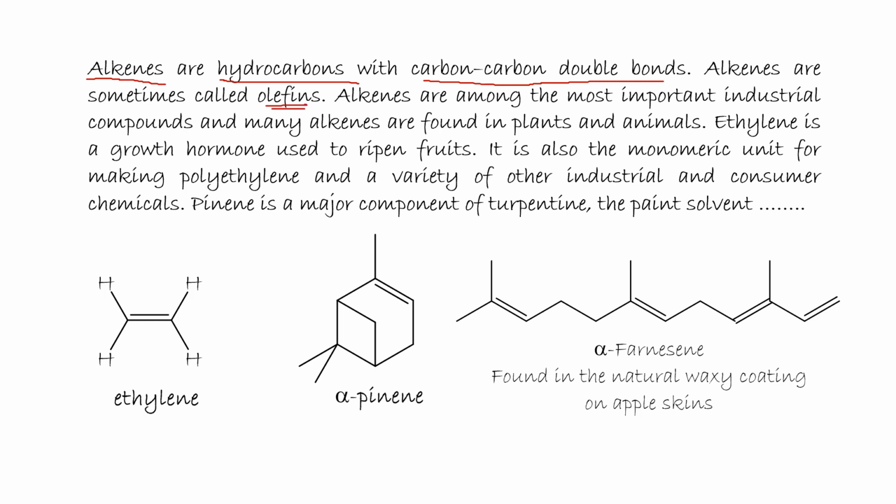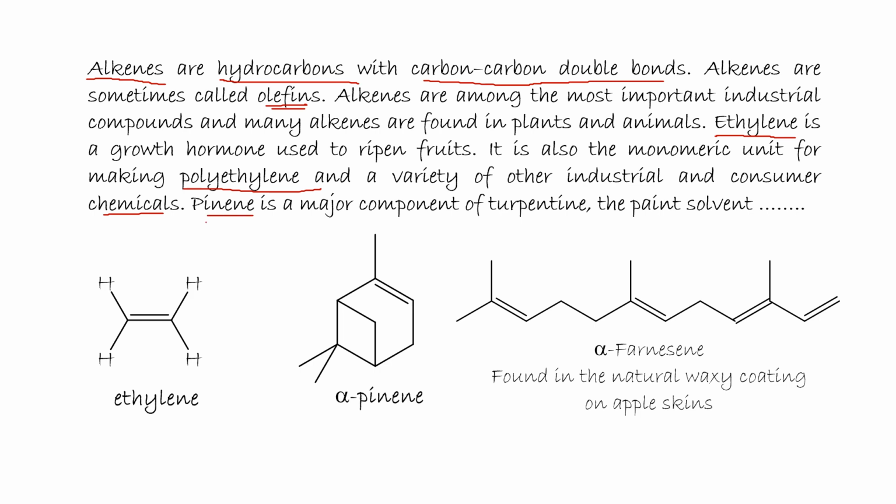Alkenes are among the most important industrial compounds, and many alkenes are found in plants and animals. As an example, ethylene is a growth hormone used to ripen fruits. It's also the monomeric unit for making polyethylene, and a variety of other industrial and consumer chemicals.